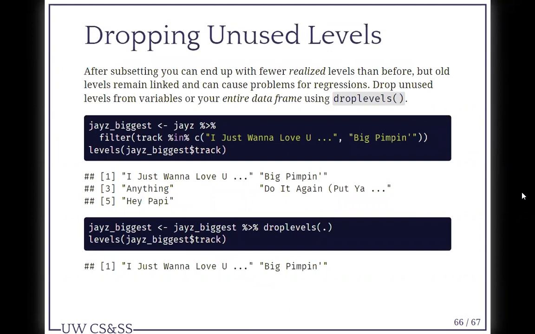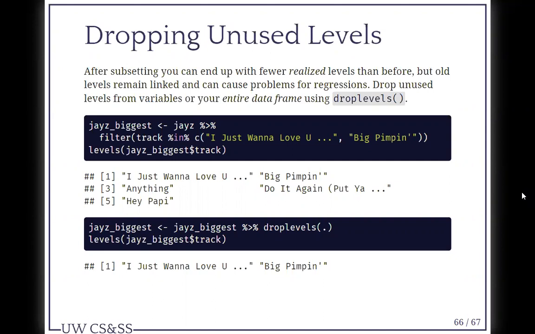About dropping unused levels. After subsetting, you can end up with fewer realized levels than before in your factor. So there might be some levels that don't have any cases for them. But the old levels will remain linked and can cause problems for regressions.